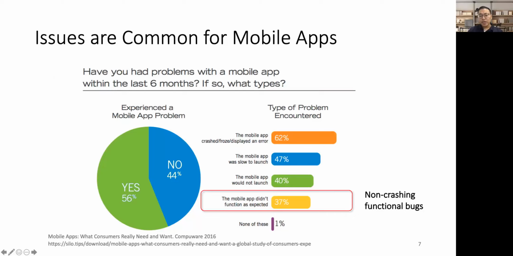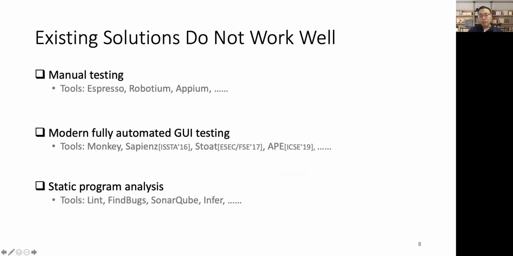We can imagine that telling whether an app has experienced a functional error is hard because it requires human inspection. Therefore, how to automatically find non-crashing logical bugs is a challenging problem. Unfortunately, existing solutions do not work well to tackle this problem.